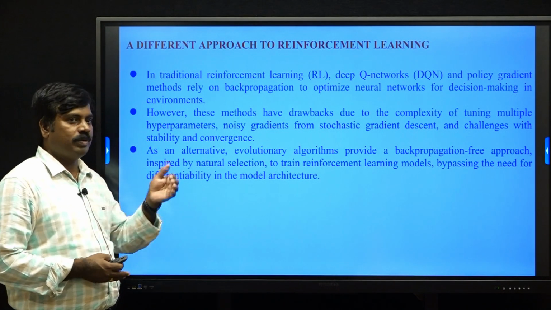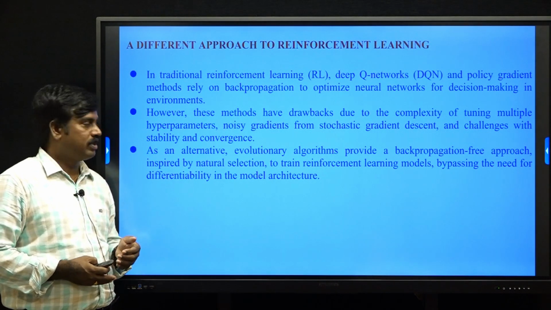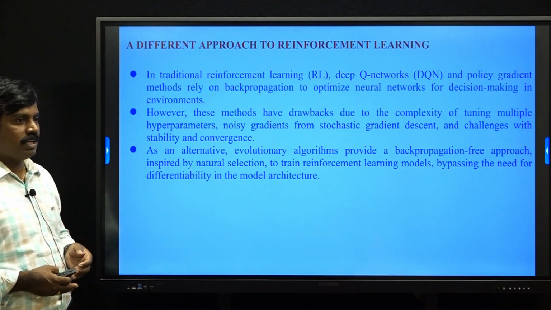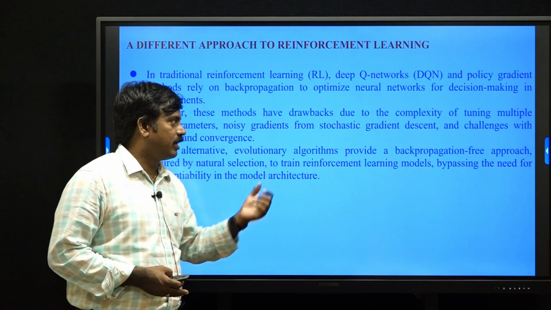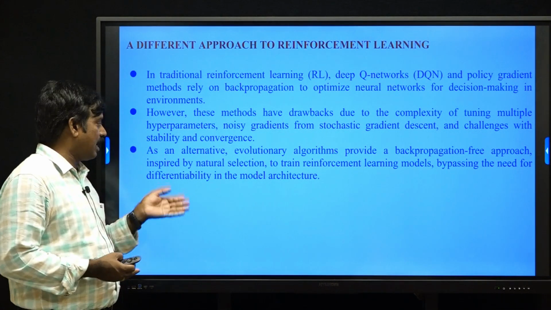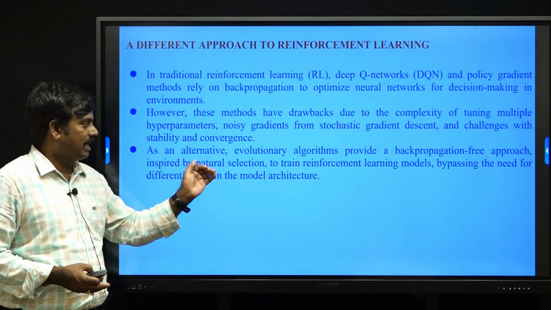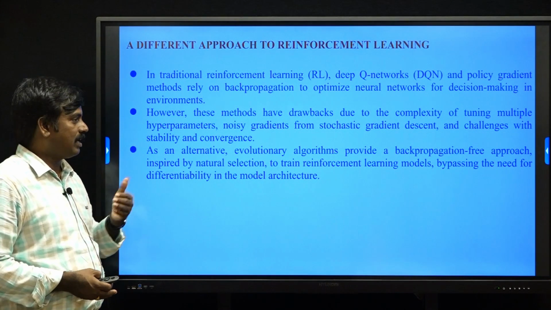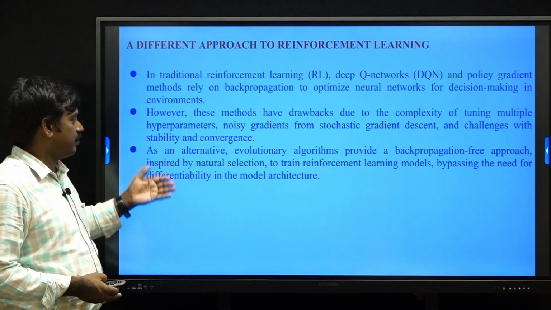To overcome these problems, the evolutionary algorithm approach was introduced in reinforcement learning. It is inspired by natural science, natural selection, Mendel's theorem, those types of methodologies.